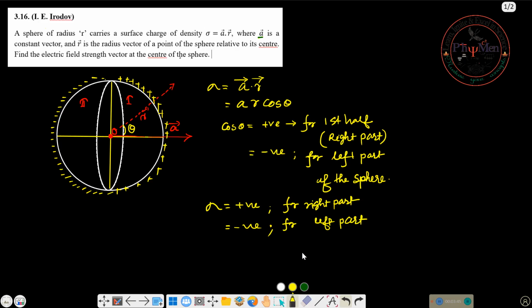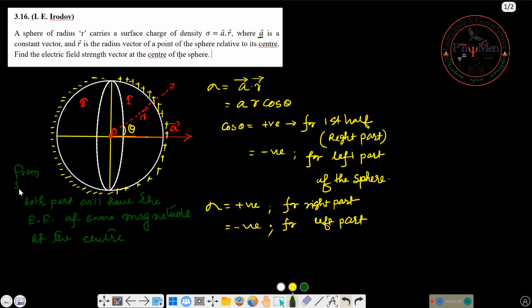Now from the symmetry, we can say that both parts will have the electric field of the same magnitude at the center, and in the same direction.